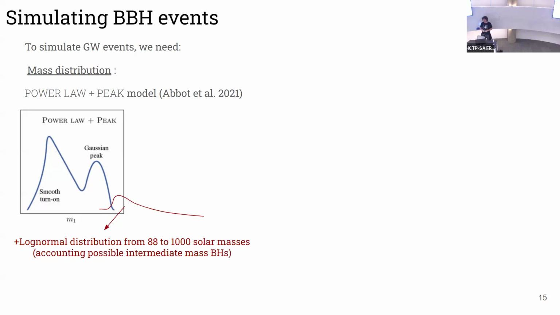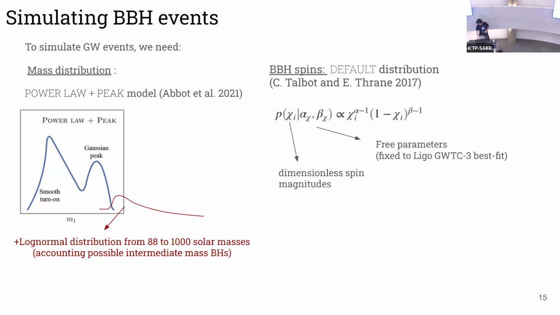We also need to assume something about the spins of each black hole in the binary, so we are also using the distribution from LIGO.